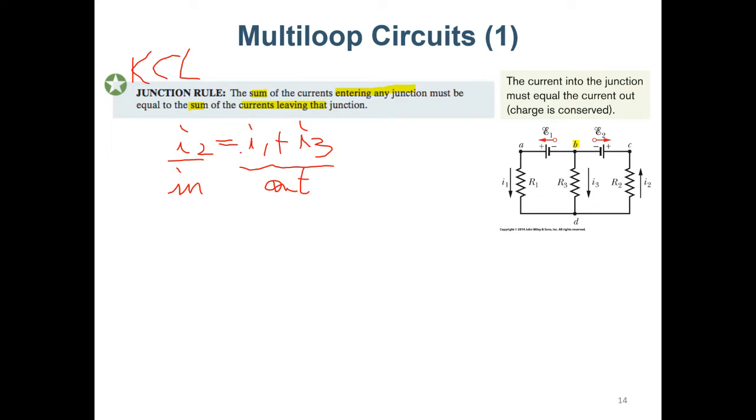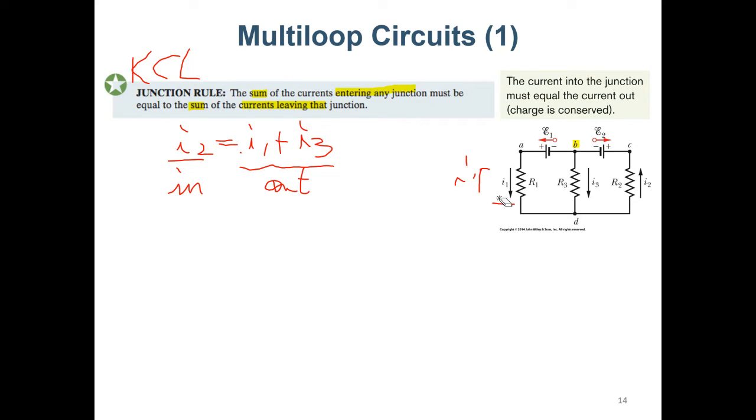If, for example, you assume I1 is going in this direction and it comes out positive, it means the current really goes in this direction. If you calculate that I1 is negative, it means that actually I1 is going upward. So it doesn't really matter how you assume the direction of the current.